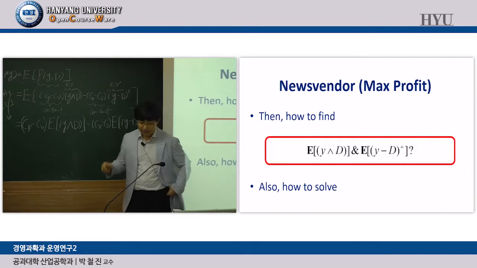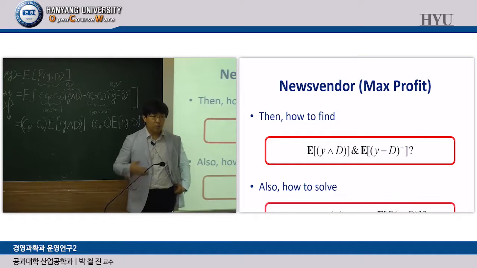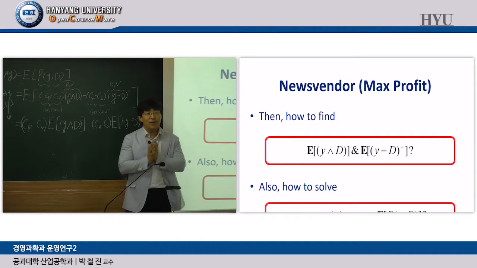Okay? And then the ultimate goal is we want to maximize the function p of y regarding y. What kind of value y can make this function the maximum value? Okay?